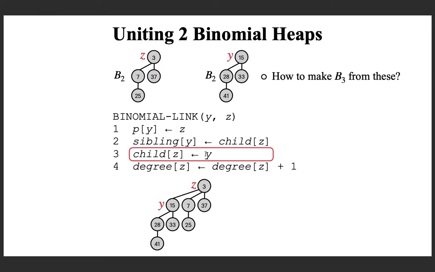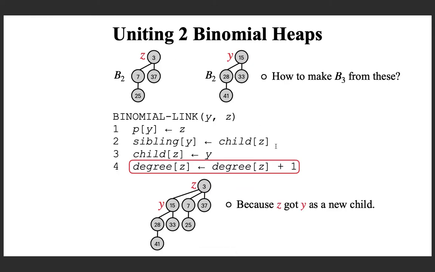That is what you are doing. The child field is pointing to the leftmost child of a node. So here you set y as the leftmost child of z. Then finally, because now you added a child to z, you have to increment the degree of z by 1, because you added y as a new child of z.